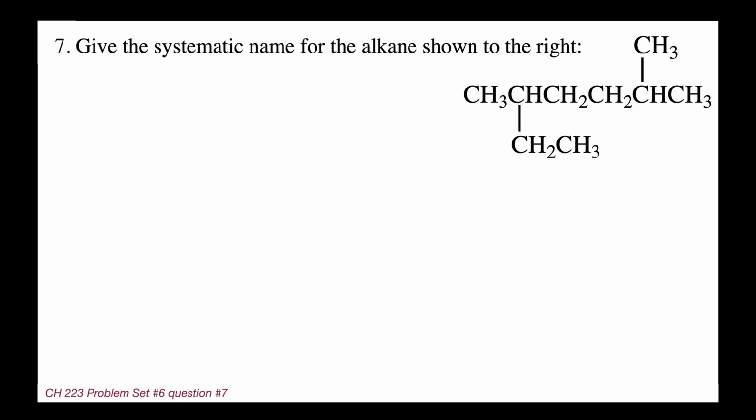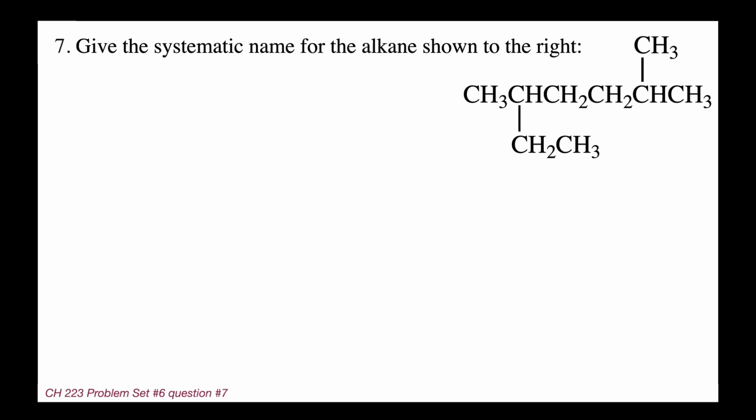So here's a compound listed on the right, and it says give the systematic name for the alkane shown. Well, most important, longest chain and smallest number, okay? So one thing you could try for the longest chain: in America, with the English language, we're so used to reading left to right.